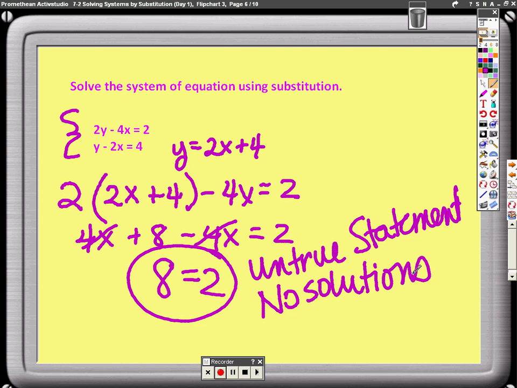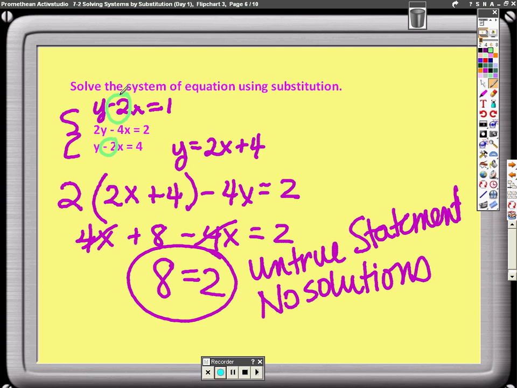Okay, and if we go back and look at the other two equations, we can see that they are parallel. I can simplify the first equation by dividing each term by 2, and I end up with y minus 2x equals 1. That tells me that the slope of the two equations is the same.